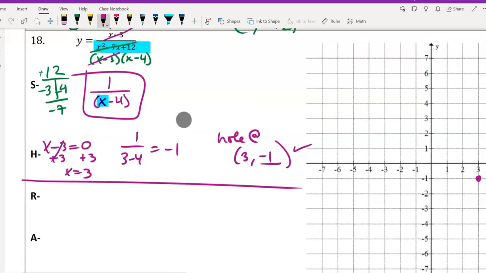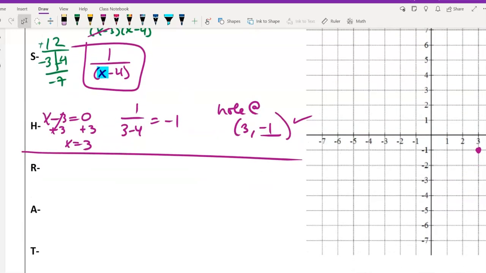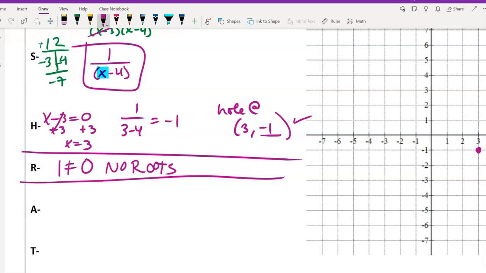Next, roots. We take our numerator, which is 1, and set it equal to 0. That doesn't have any x values in it. Does 1 equal 0? No. We have no roots. Now moving on to the asymptote, it says set denominator equal to 0 and solve.